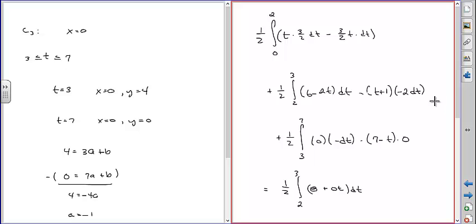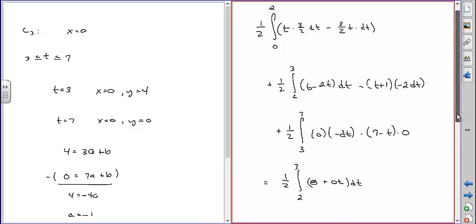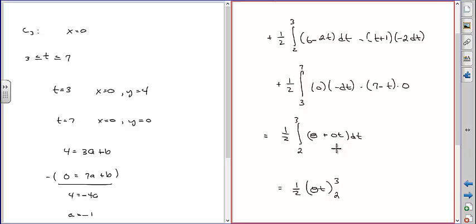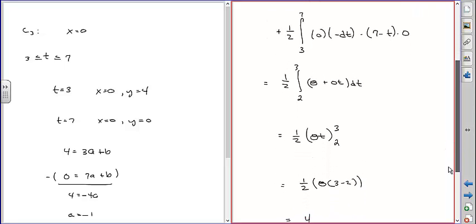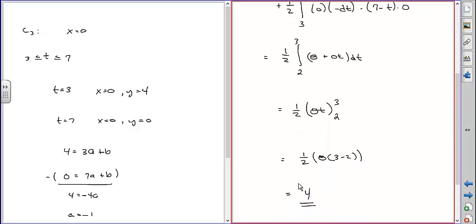So you end up with just the middle term again. And if you do that, you're only integrating from 2 to 3, and you get 8 times dt. And if you integrate 8 dt, you get 8t evaluated between 3 and 2. So you get 24 minus 16, which is 8. 8 divided by 2 is 4. So you get the same answer.